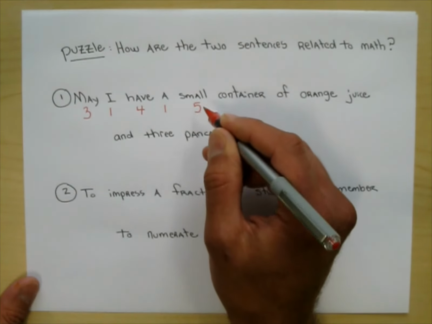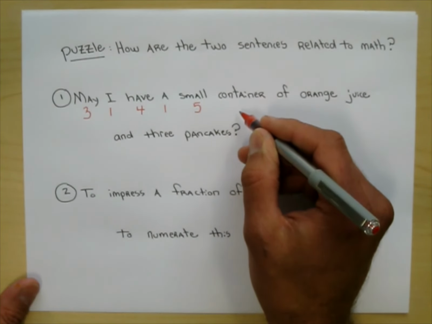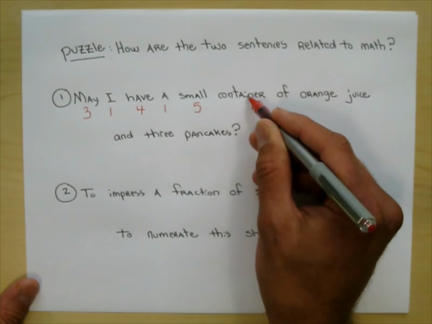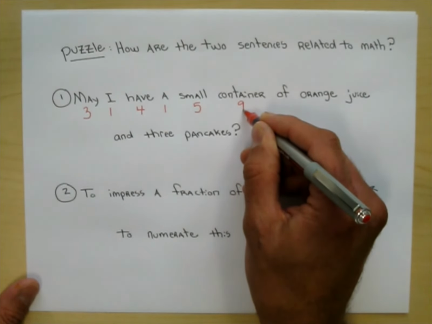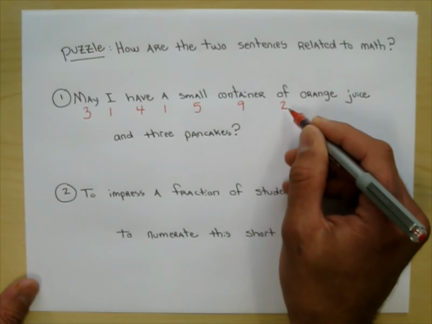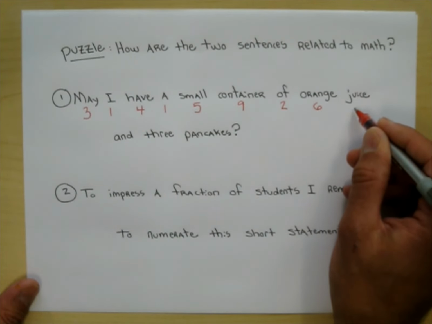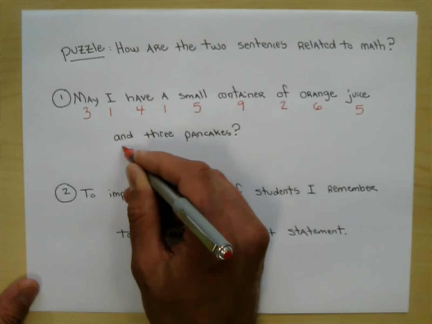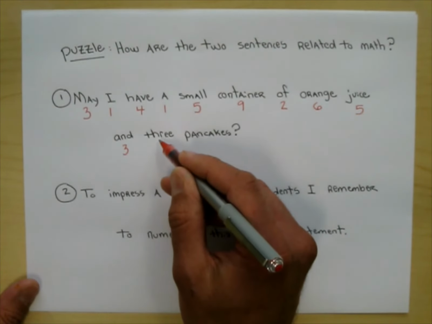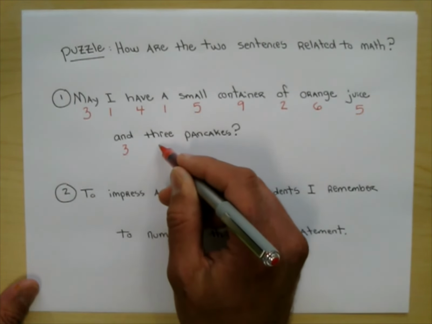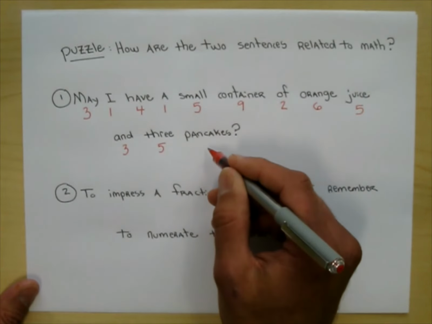Some of you see it and some of you don't. I'll keep going. And then container: 1, 2, 3, 4, 5, 6, 7, 8, 9. 2, 6 letters in orange, 5, 3, the word 3, 1, 2, 3, 4, 5 has 5 letters, 8.